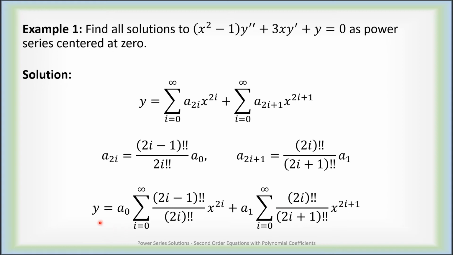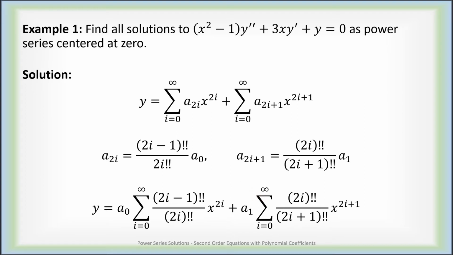In other words, any solution to the differential equation is now expressed as a linear combination of this power series and this one, which is to say these two power series, once you show they're linearly independent, form a fundamental set of solutions to our differential equation.